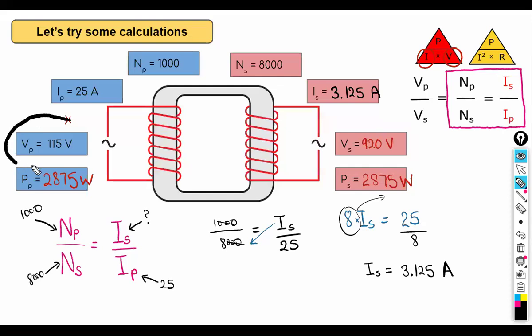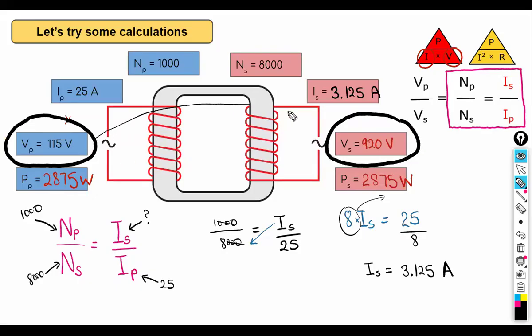This is the voltage on the primary side, and this is the voltage on the secondary side. You all notice that the voltage got larger. This makes it a step up, right? And remember, current and voltage act as opposites. If voltage gets larger, you can look at the values of the current, and the current gets smaller.